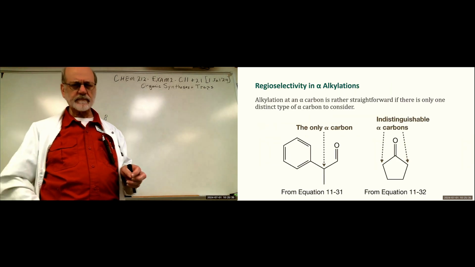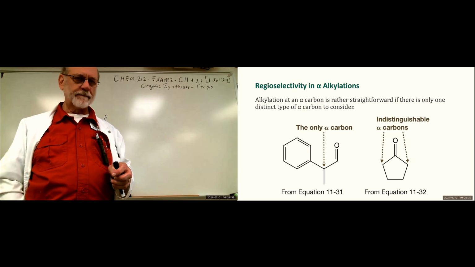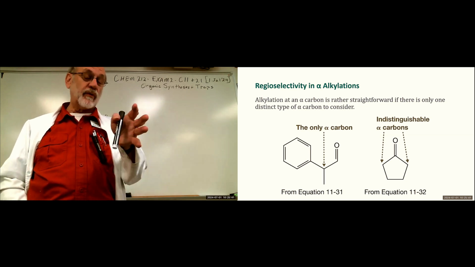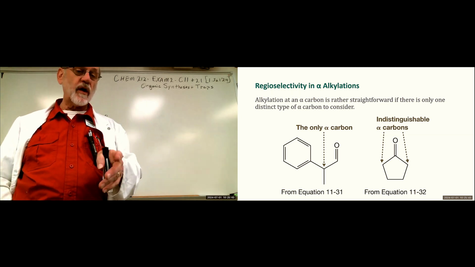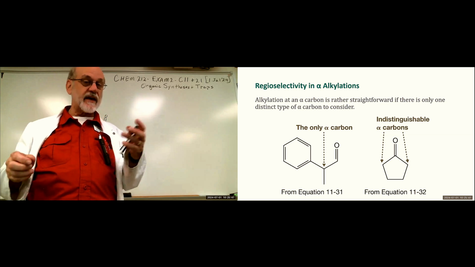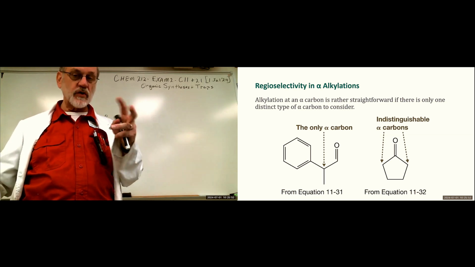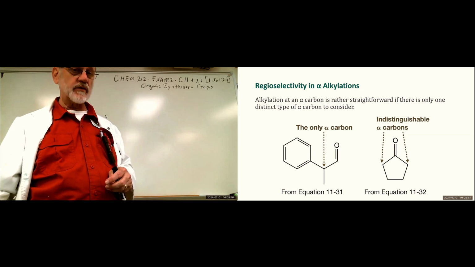Now, in our examples, there's only one alpha carbon on that first choice, so it has to attack there. The other one has two alpha carbons, and they're indistinguishable from one another.